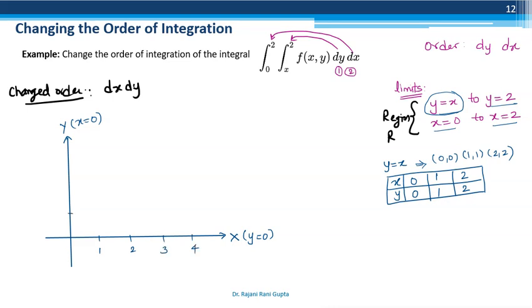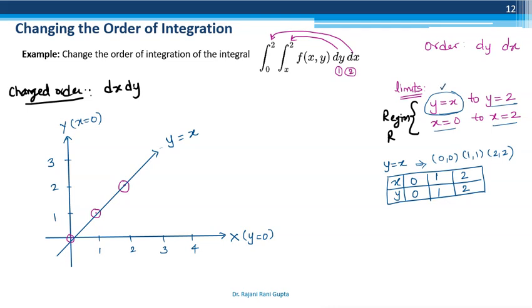We will put the points accordingly on the y-axis: 1, 2, 3. So (0,0), (1,1), (2,2) are the points on the line y equal to x. So (0,0) is this point, (1,1) is this point, and (2,2) is a point over here. Now we draw them by joining a straight line. So this is your line y equal to x.